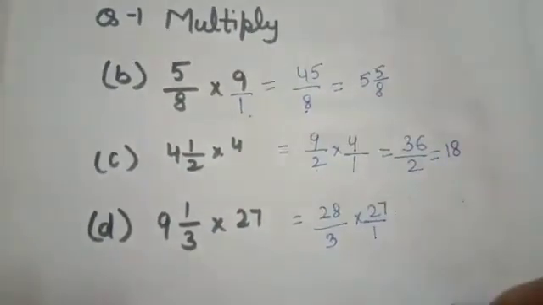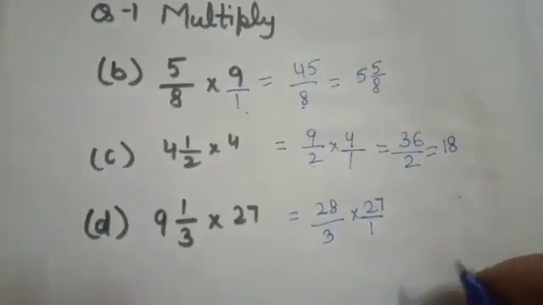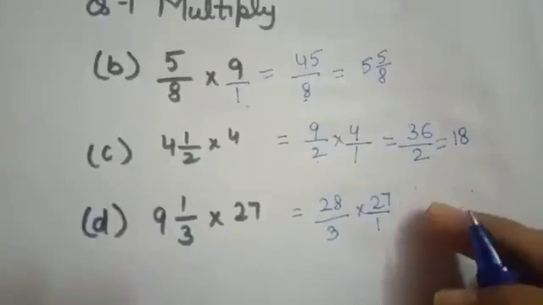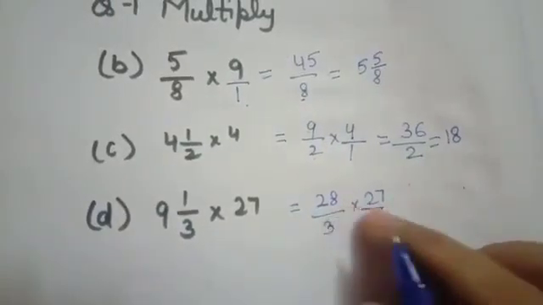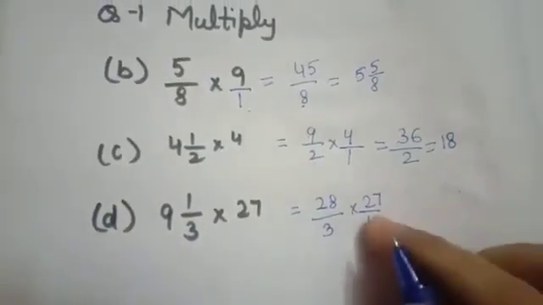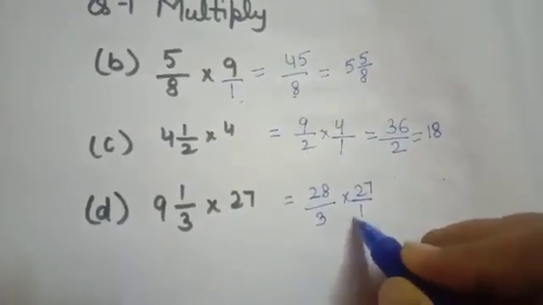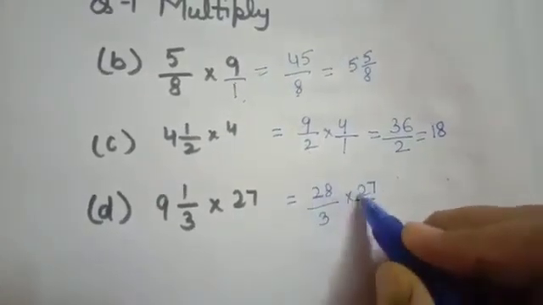So this will increase our calculation. So now I am introducing one more method, a shortcut to solve the questions of multiplication. What are these? That the denominators can be divided by the numerators.